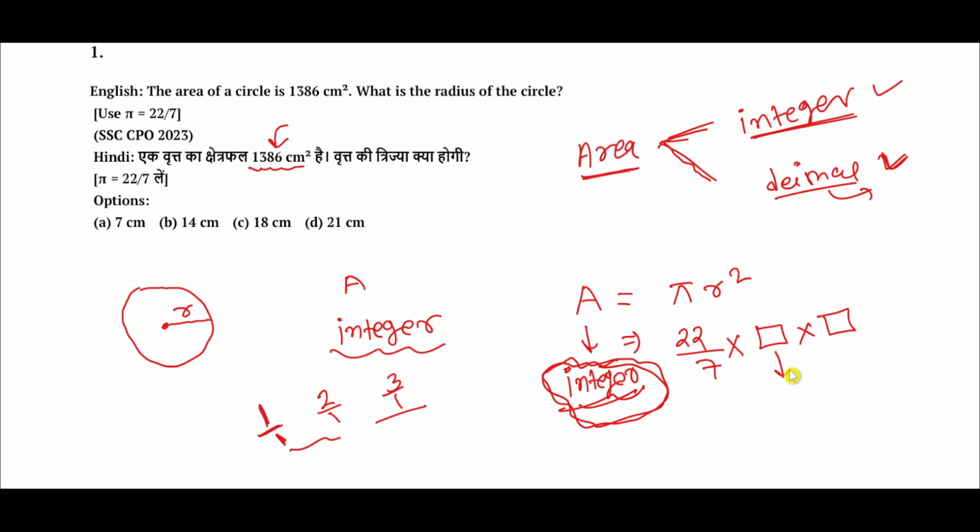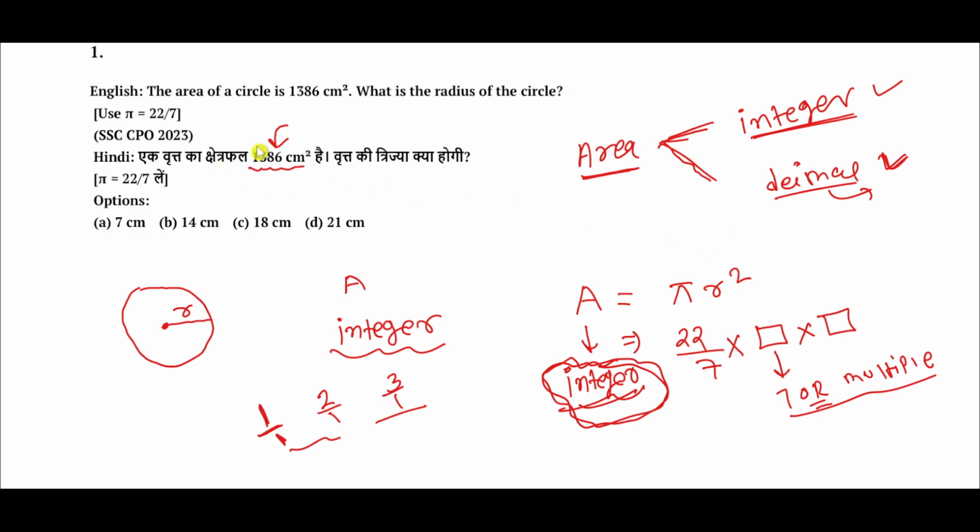If you take the radius as 7 or a multiple of 7, that is the only way you get the area of any circle in the nature of an integer.